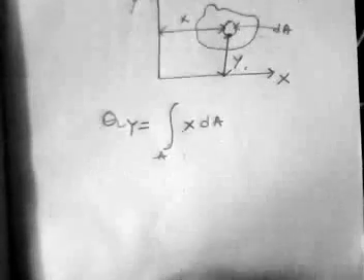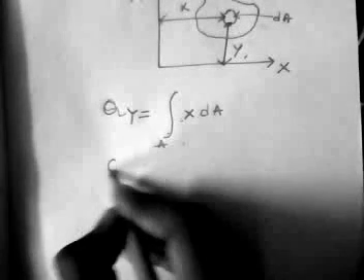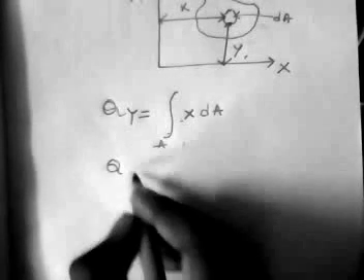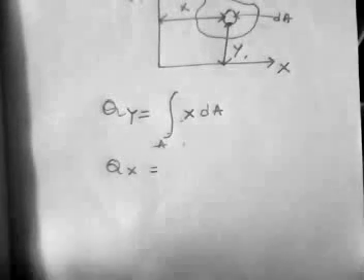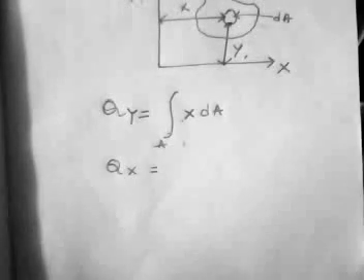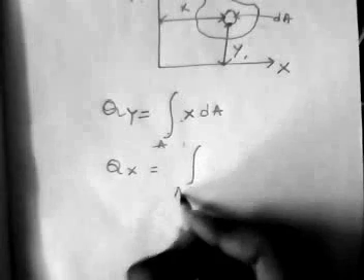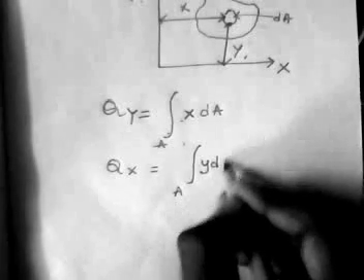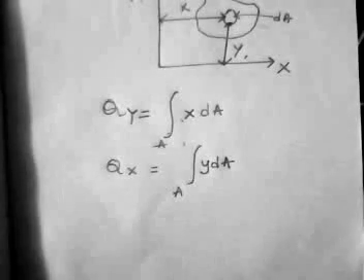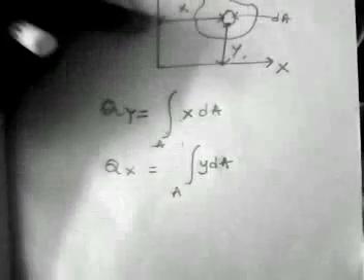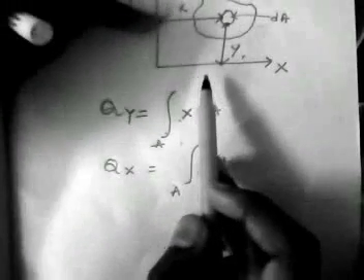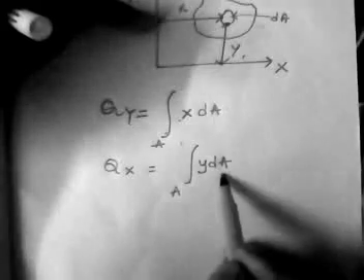Same for Qx, the first area moment with respect to the x-axis: it will be the integral of y dA. Y is the distance of that area from the x-axis, and dA is obviously the area.